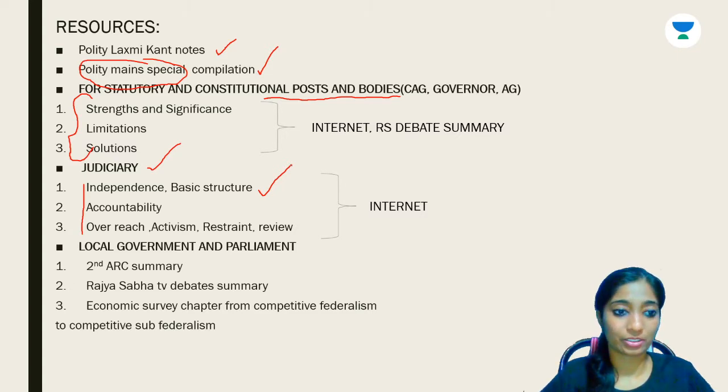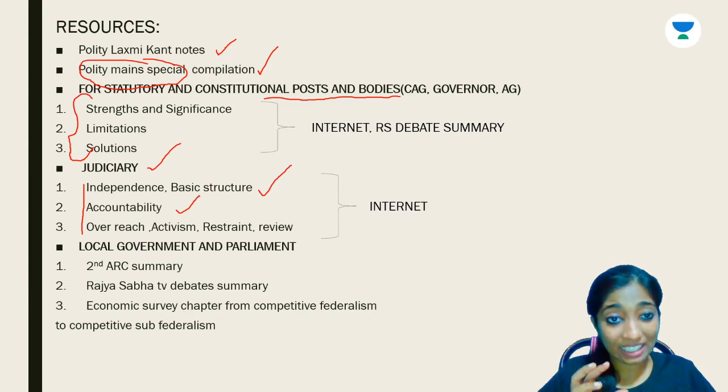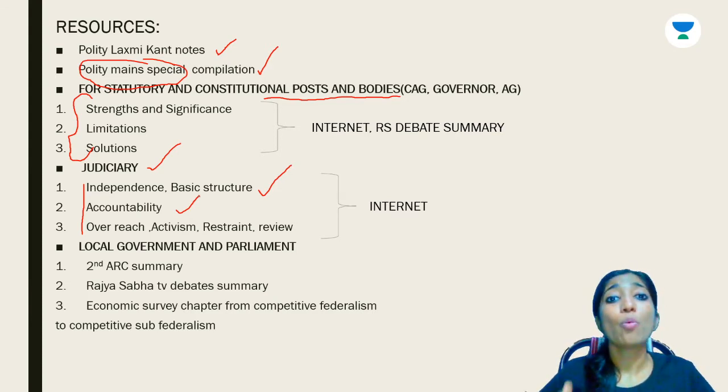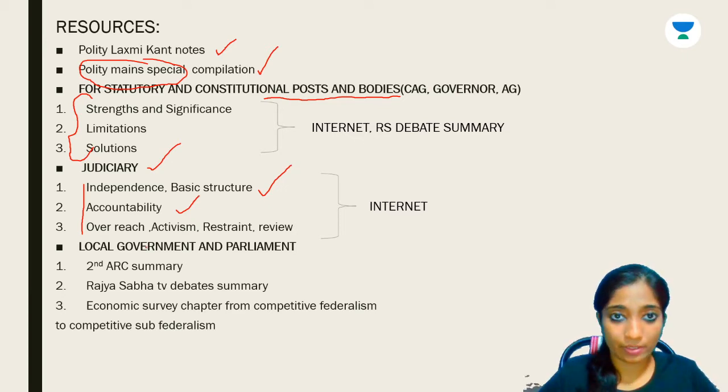Then the accountability part: whether our judiciary is answerable for its judgments, whether there are any acts governing the accountability of the judiciary, and what major steps have been taken by the government or the judiciary itself to improve accountability and efficiency.